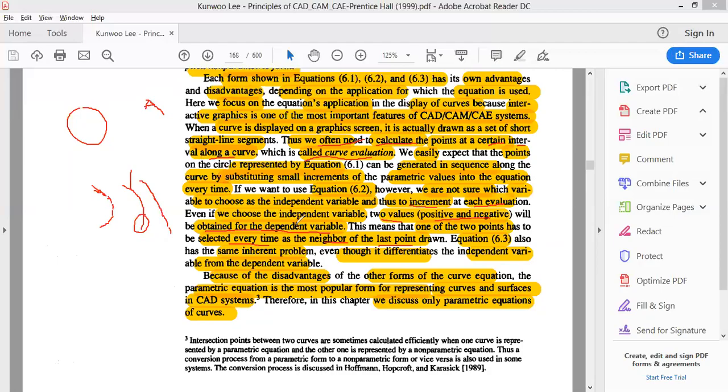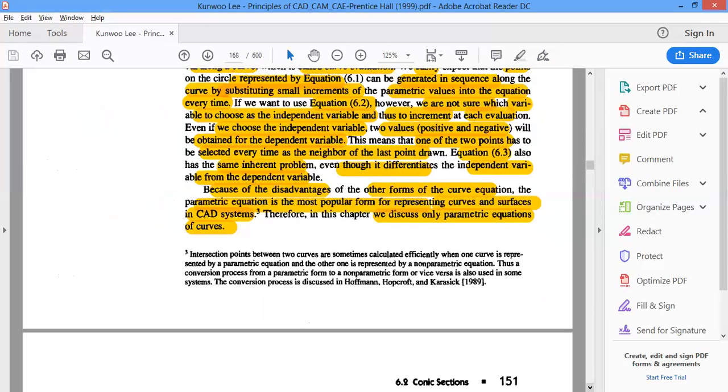So that is why this is required. So yes, this is about the parametric equations and non-parametric equations.